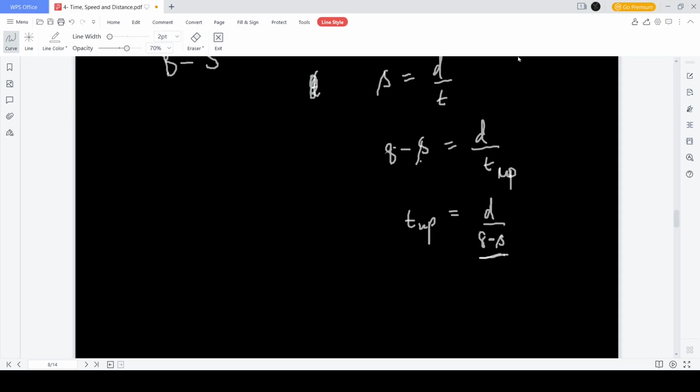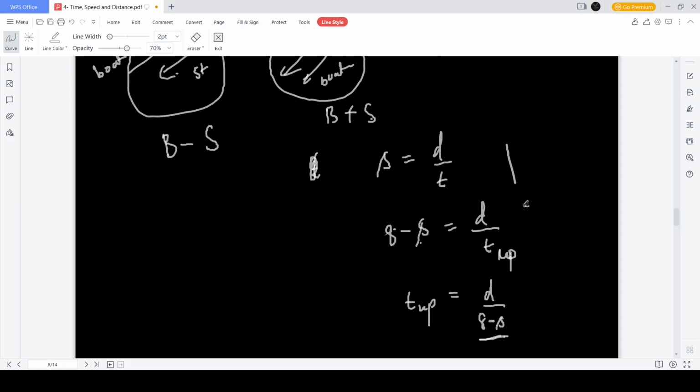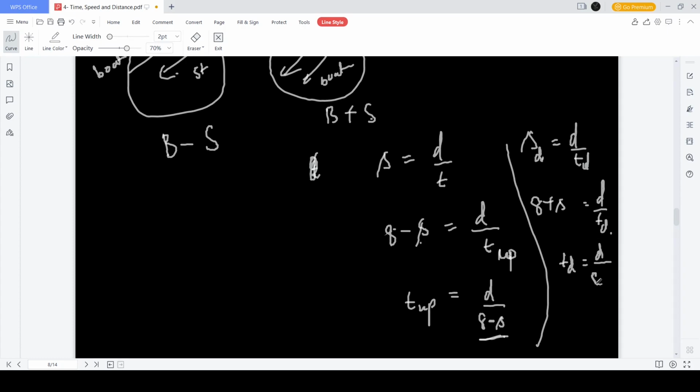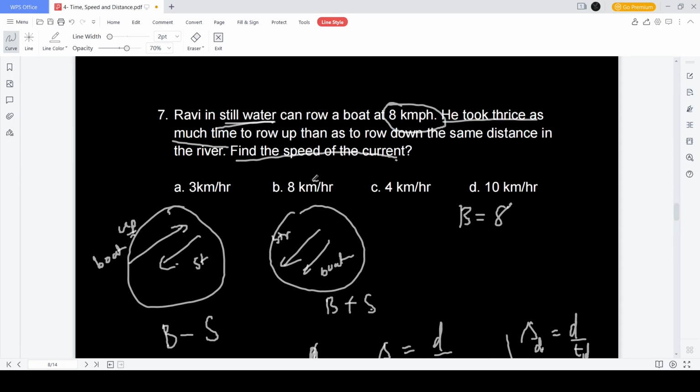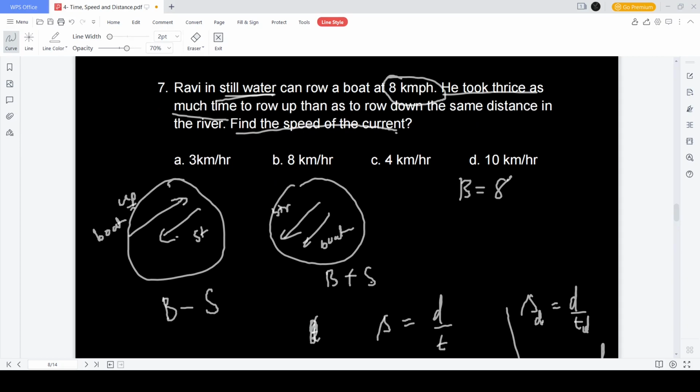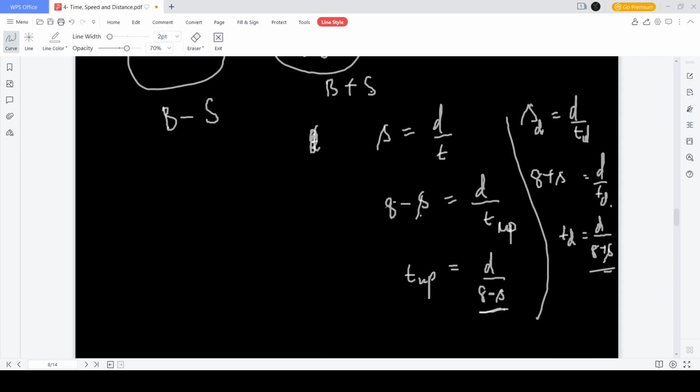Okay, and then similarly we have speed downstream is equal to distance by time downstream. Speed downstream can be 8 plus S is equal to d by t downstream. So again you get t downstream is d by 8 plus S. Now we've been given a relation saying that it takes 3 times as much time to row up than down.